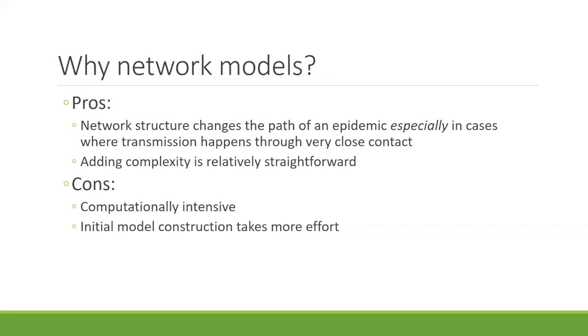But if people have a small number of relationships through which this pathogen can pass, suddenly there's a lot of structure in that network, and that becomes really important for understanding how this pathogen moves through a population.